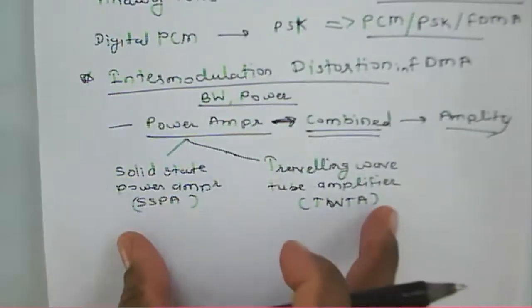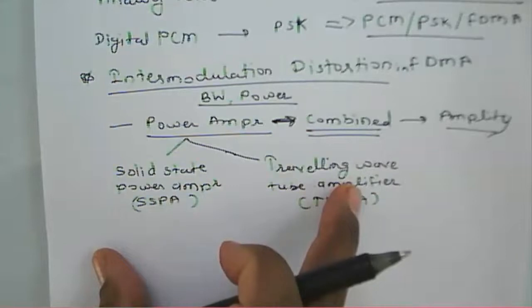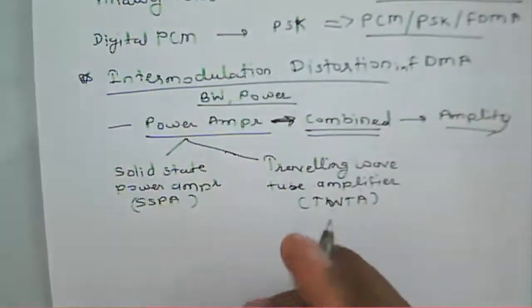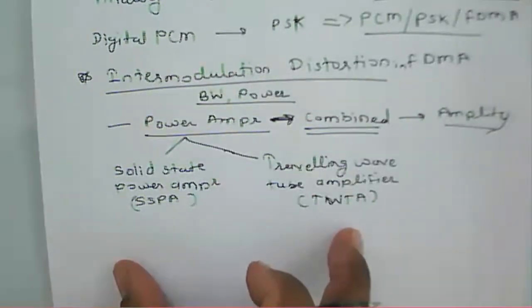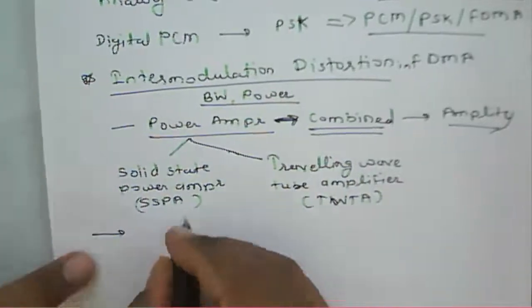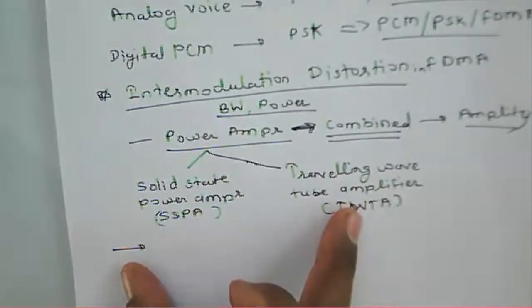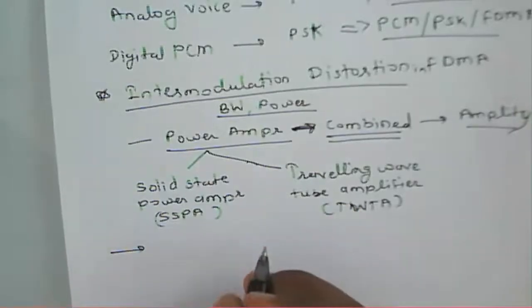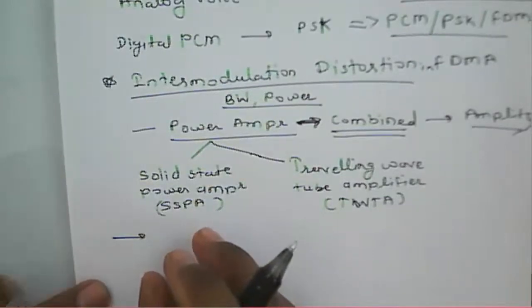But if you want to operate this power amplifier at a maximum output power, then the amplifier has to be operated in a saturation mode. If the amplifier is operating in the saturation mode, then it operates in the non-linear region of the input output transfer curve.